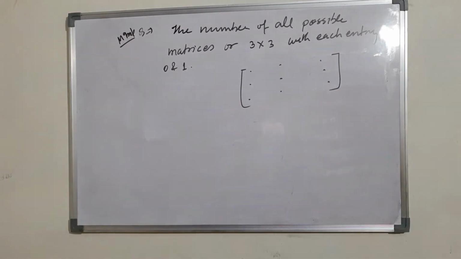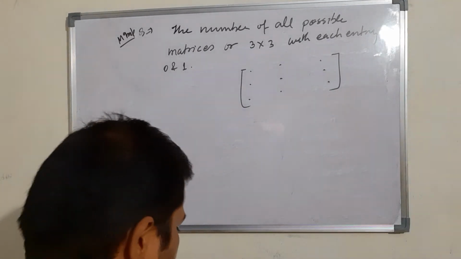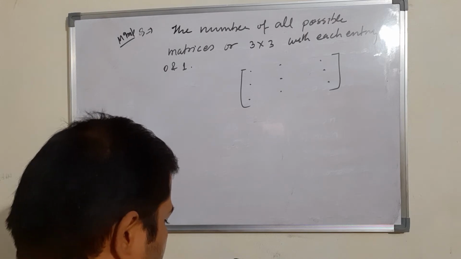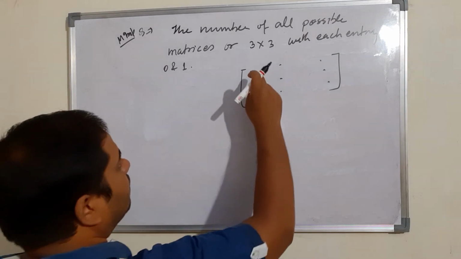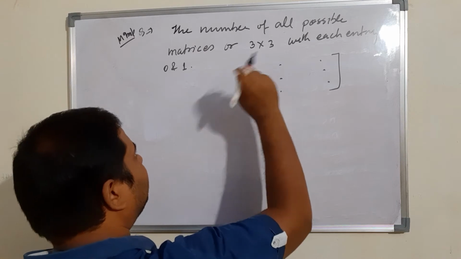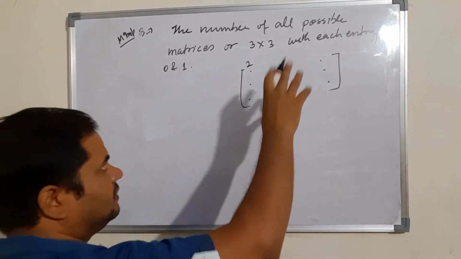So each place can be filled in two ways.